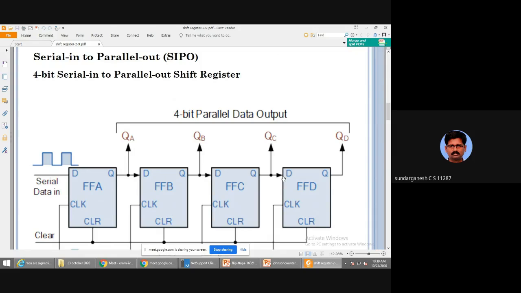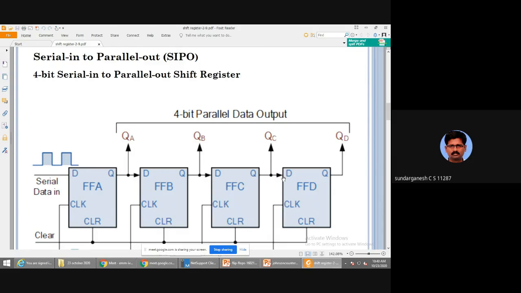Next, I am giving the input at the D flip-flop. For the first clock pulse, the first flip-flop, A, will produce output. The remaining flip-flops will have their output as 0. The second data is fed at the input. The first data is available in QA, and it is given as input to flip-flop B. The QA output will go to QB and the second input will arrive at QA.